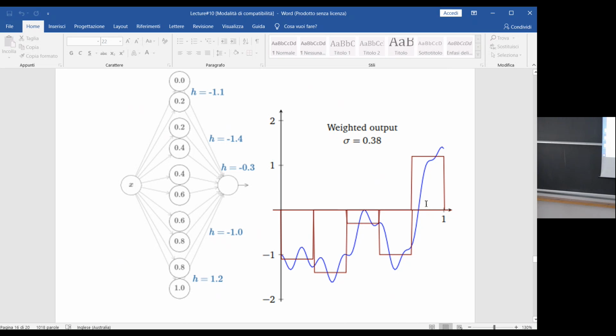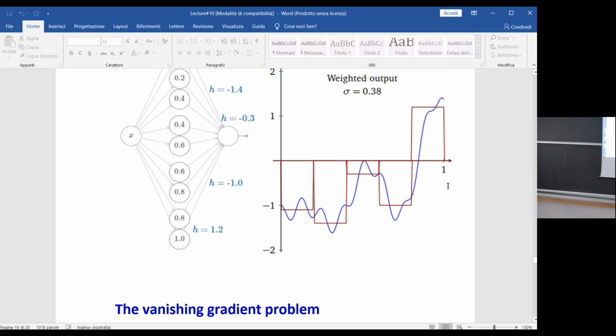So it is a very good approximation. It is some analogue of integral sums as such.